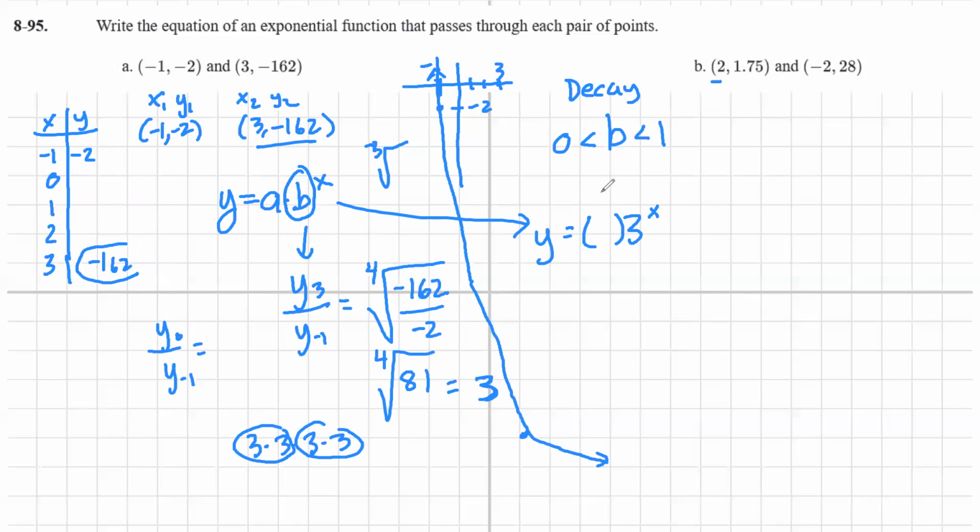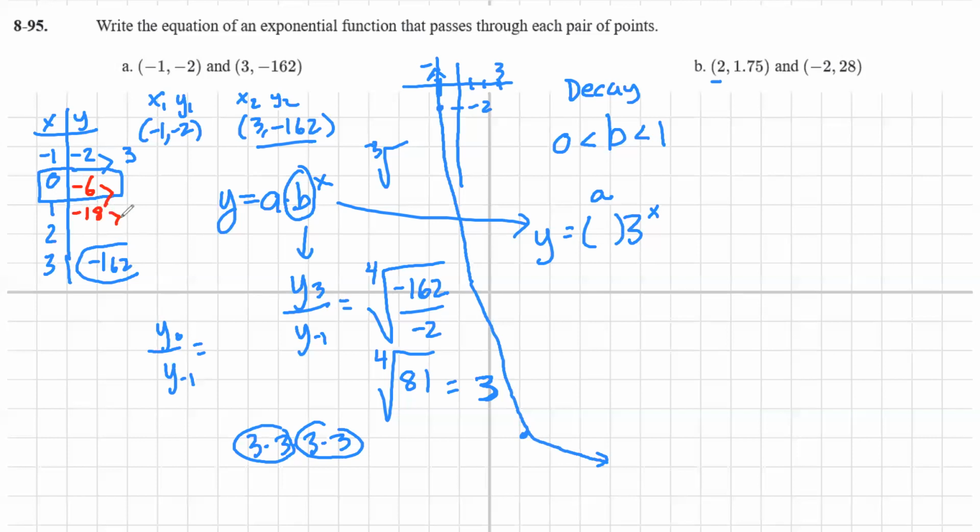So now we have to find what the a value is, right? Which is kind of easy because they give us the negative 1 value. So I just need to go 1 value up. So I need to multiply by the multiplier, which is 3. Okay, so if I multiply negative 2 times 3, well, that's negative 6. Let's keep going. What's negative 6 times 3? Negative 18.